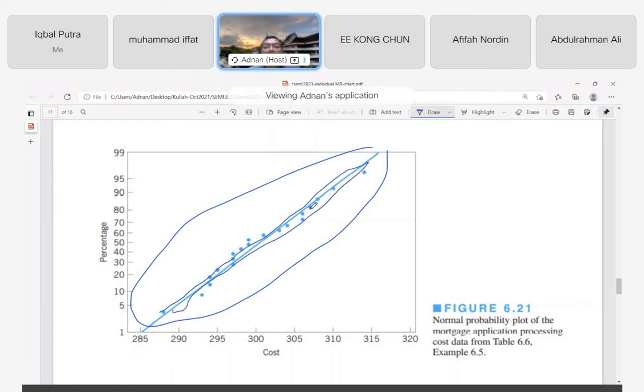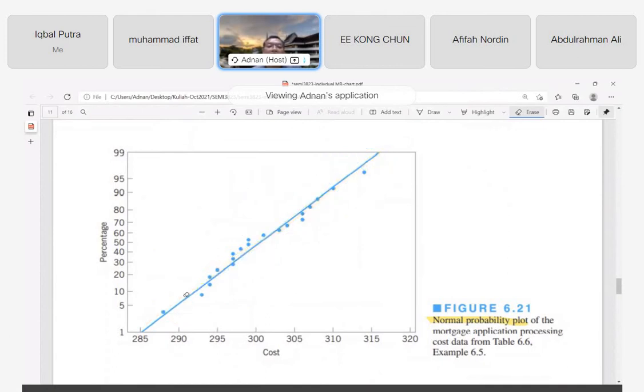Of course, there will be a measure on that. So by using our eyes to inspect this, we see that most of the points are very close to the straight line. This is based on the normal probability plot. So based on this crude estimate, we can see that these are coming from a normal distribution.